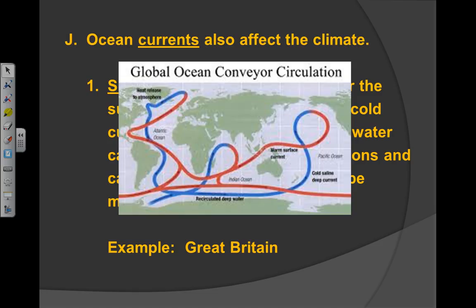It actually has very mild temperatures, kind of like what we have. And the reason is this warm ocean current right here. That warm water that runs right past there causes the climate in this area to be very mild considering how far north it is. So ocean currents have a huge impact on the climate of a particular area.